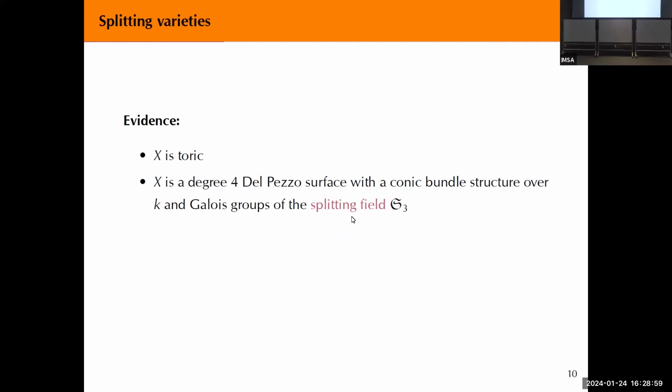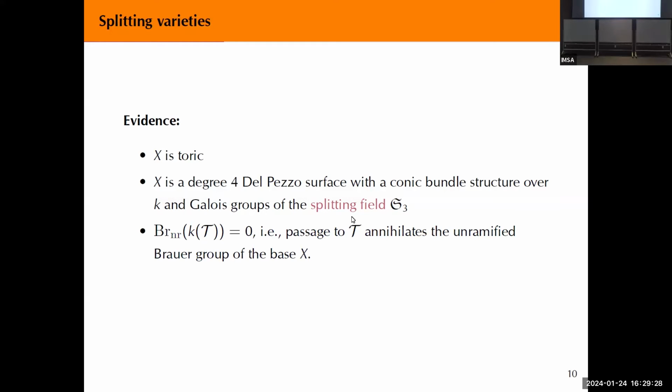And then there's one particular example, a difficult paper of Colliot-Thélène, Kanevsky and Sansuc: a particular degree 4 del Pezzo surface, a conic bundle over the ground field, with splitting group S3.